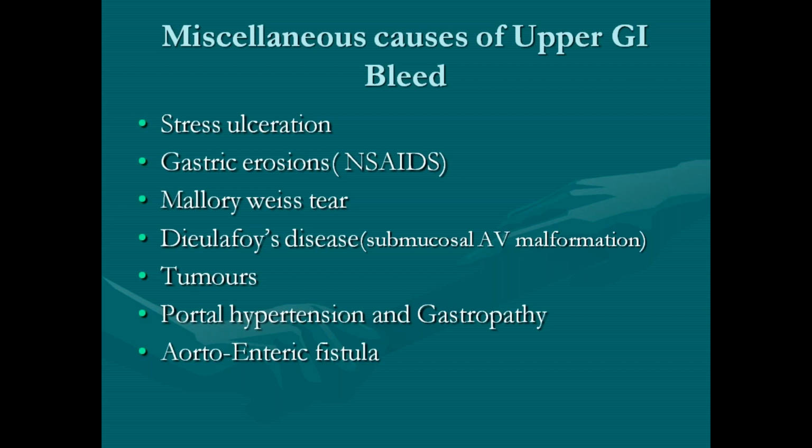Because the mucosa over the tumor breaks up and they present with either hematemesis or melena. So remember, melena is a manifestation of upper GI bleed, upper GI bleed in the sense of up to the ligament of Treitz. Anything below the ligament of Treitz comes under lower GI bleed. So melena is a manifestation of upper GI bleed.